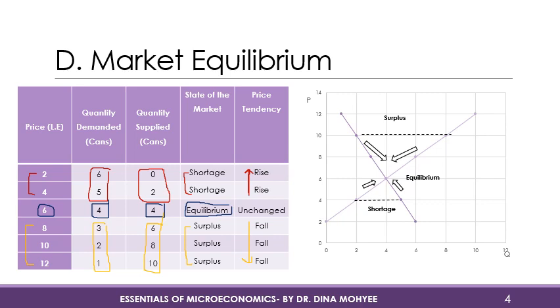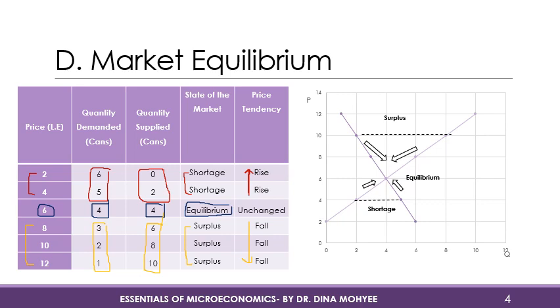When the price decreases from 10 to 8, the quantity demanded increases and the quantity supplied decreases. This process continues until we reach equilibrium at the price of 6. At this price, the producers are willing to supply 4 cans of cola, and at the same time, the consumers are willing to purchase those 4 units.